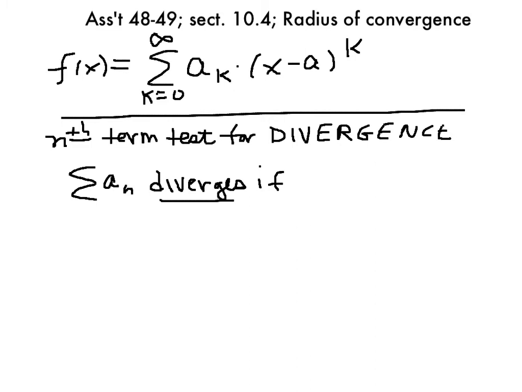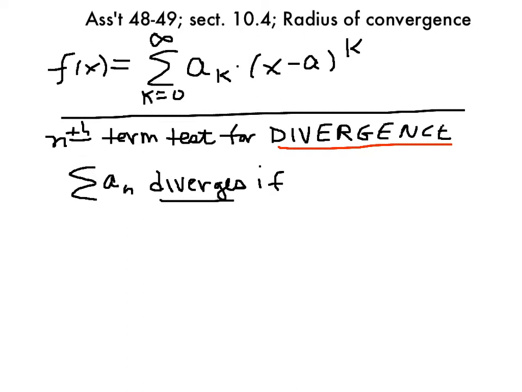So the first test that we look at is the nth term test for divergence. And what this says, now just in passing, generally once we begin talking about infinite series, we sometimes even leave off n equals 1 or n equals 0 to infinity. And it's just understood that when we're talking about infinite series, we don't have to worry about the indices.